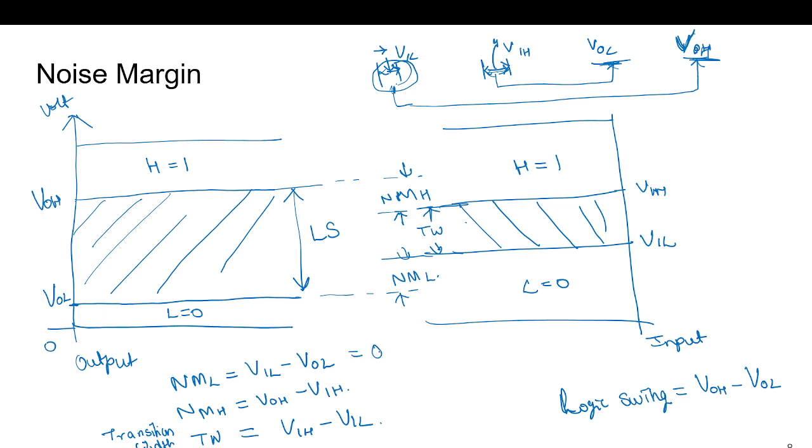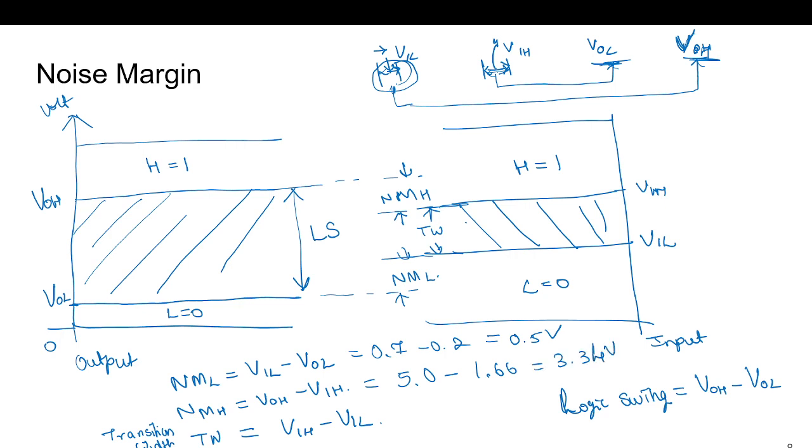In our previous case, if we consider this as 0.7 minus this VOL, which was 0.2, it will be 0.5 volts. At the end of the calculation, we saw this value.